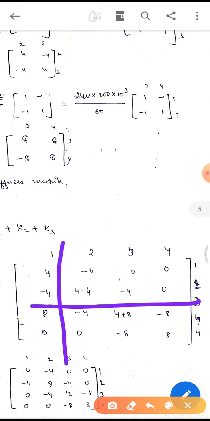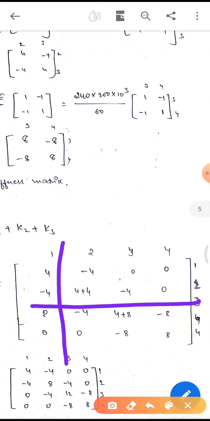Here third row, fourth column, right? In the K2 matrix we have the third row but we don't have a fourth column, so here it is 0. See here we have the third row but we don't have a fourth column, we have 2 and 3, so it is 0.